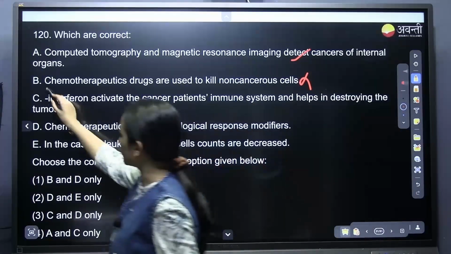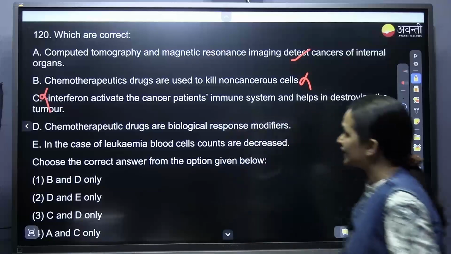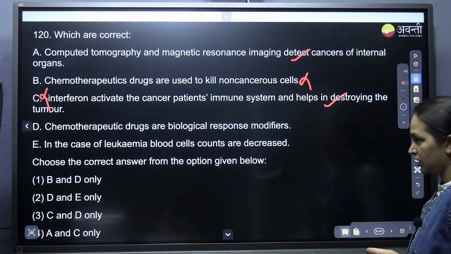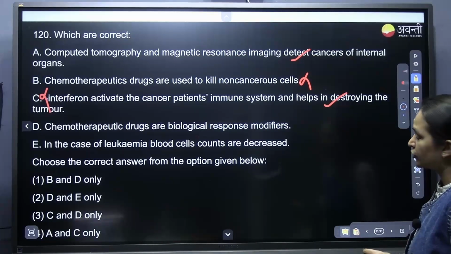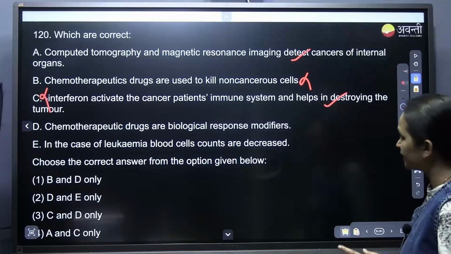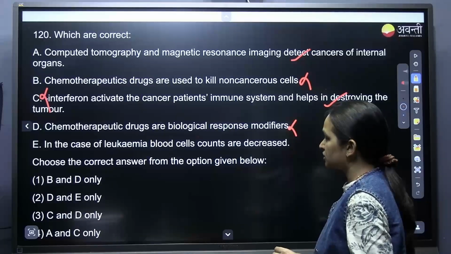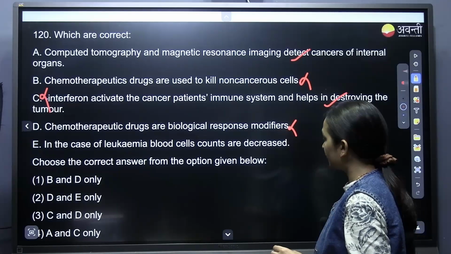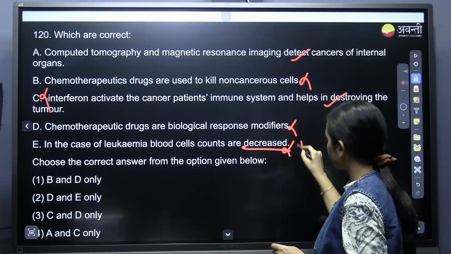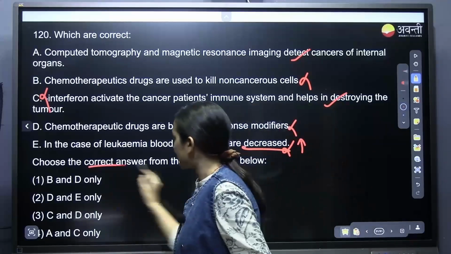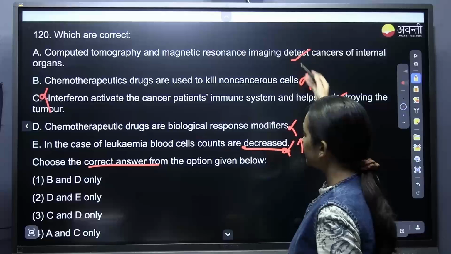Alpha interferon activates the cancer patient's immune system and helps in destroying the tumor? Yes. Chemotherapeutic drugs are biological response modifiers? No, they directly kill the cancerous cells. In the case of leukemia, blood cell count is decreased? No, it is increased. So we need to find the correct option. A.